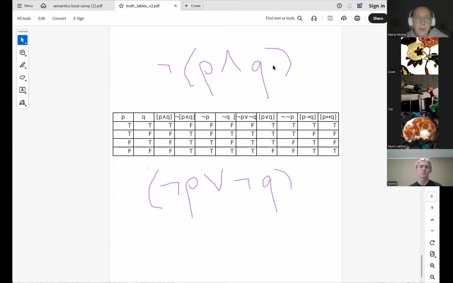So first we apply De Morgan's law and we get not P or not Q. And actually this is it, right? This gives us this formula. So yeah, they are equivalent.